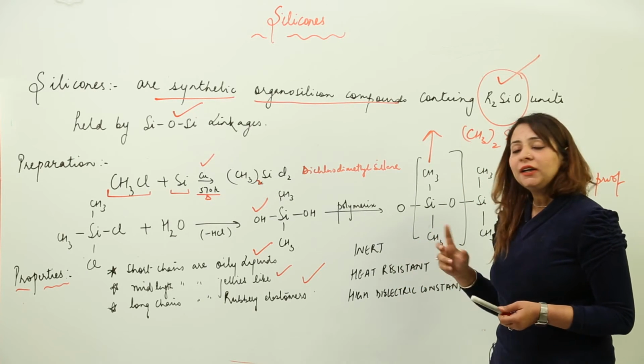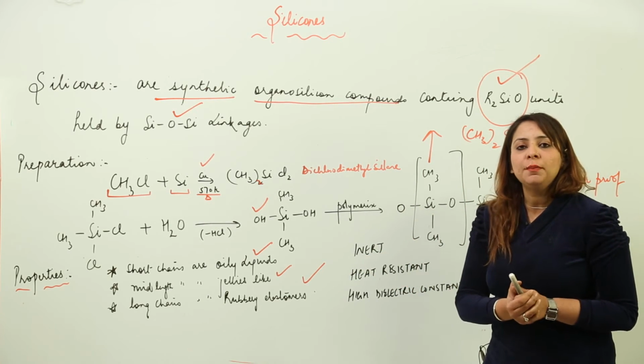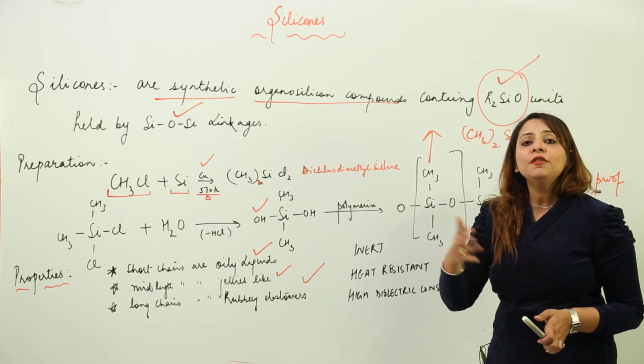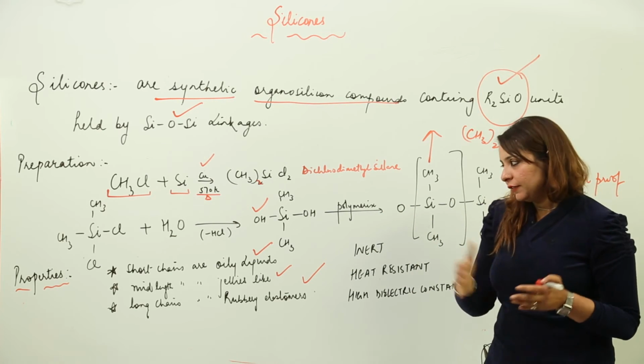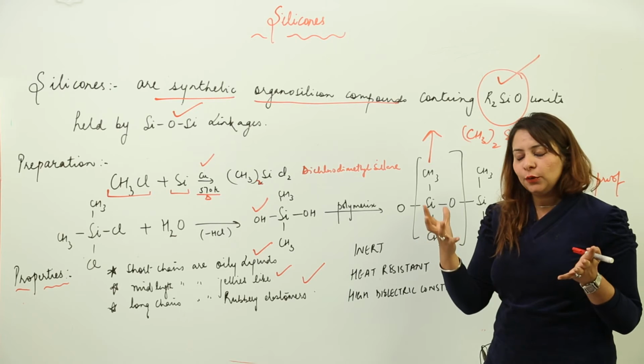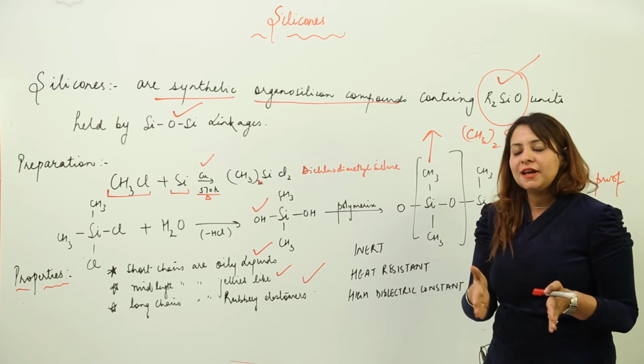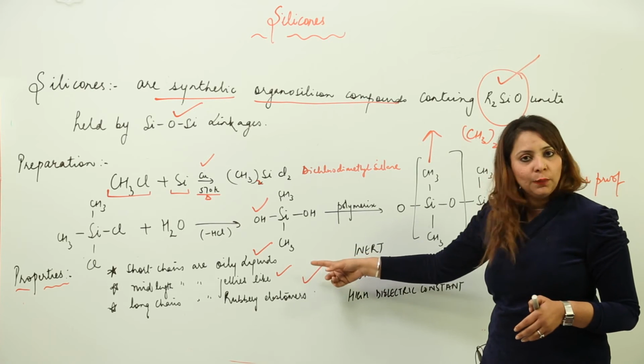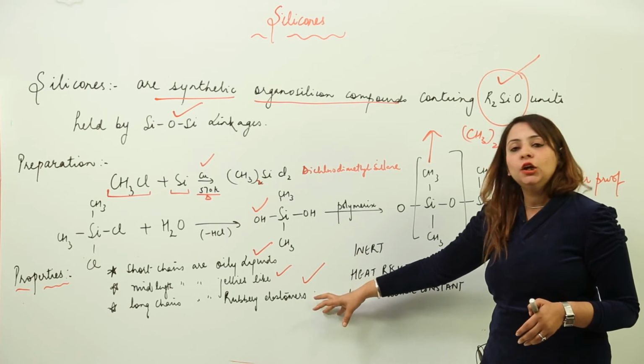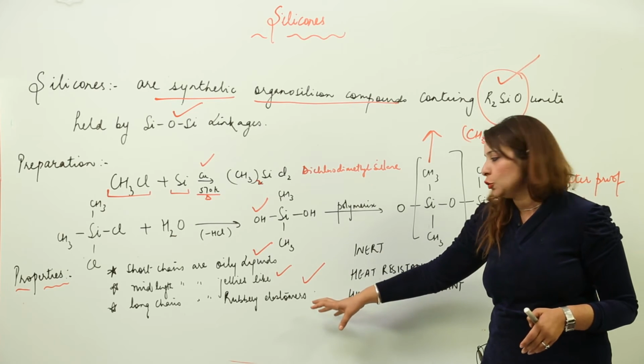So what state they exist in at room temperature depends upon the number of units present in a chain. If the units are few, that means short chains, then they are oily liquids, mid-length chains are jellies, and long chains act as rubber elastomers.